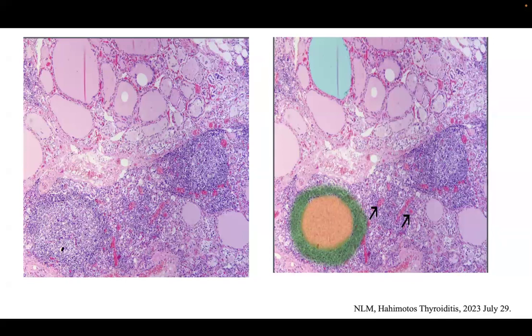So it is showing an extensive sign of inflammation. And the top part is the normal thyroid tissue, which is shown in the upper part, sir. There is an absence of inflammation there.